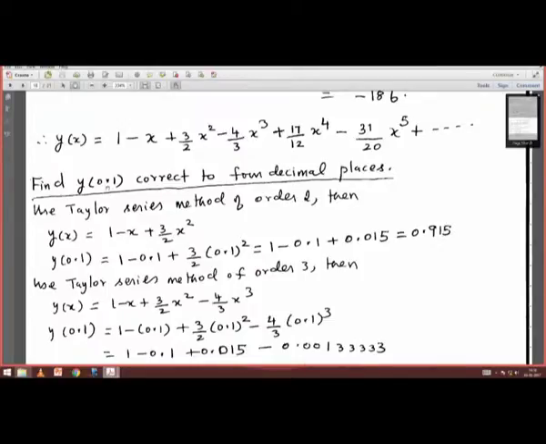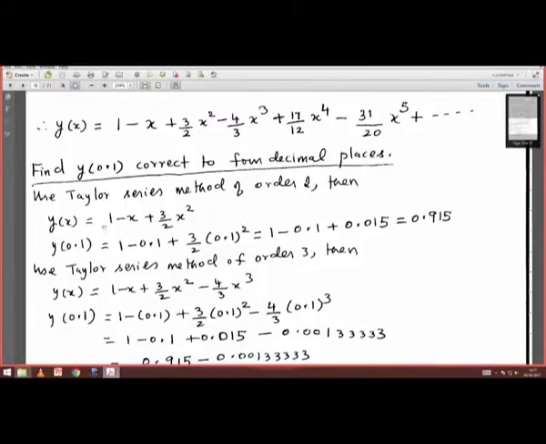So, we do not know how many terms we have to add in the Taylor series. So, to begin with, I take the first 3 terms. I can start with any number of terms to begin with. Let me start with the first 3 terms, which is 1 minus x plus 3 by 2 x square, and compute y at 0.1.